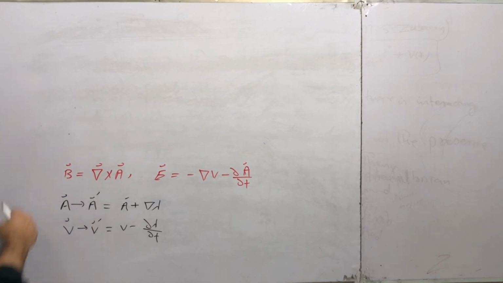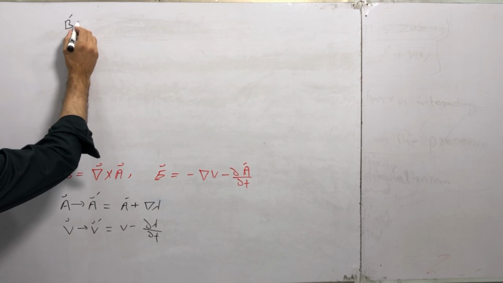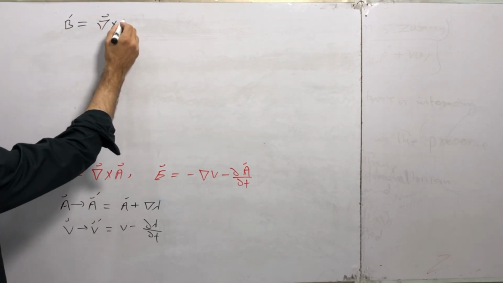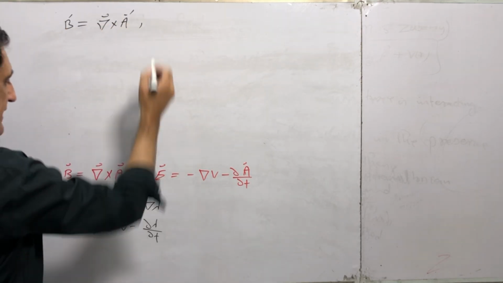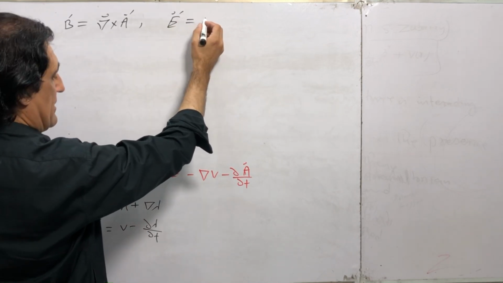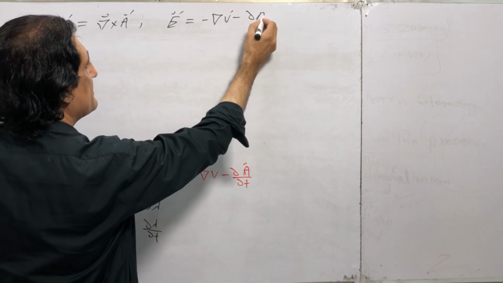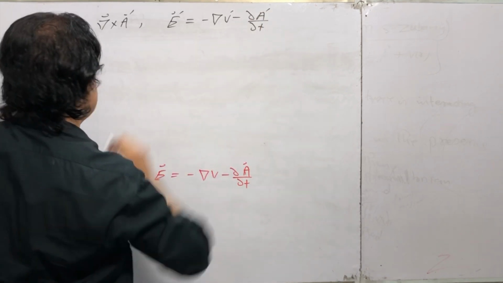Due to the transformation, we now have two equations: B prime, which is equal to del cross A prime, and similarly E prime, which is equal to minus del V prime minus partial A prime divided by partial t.